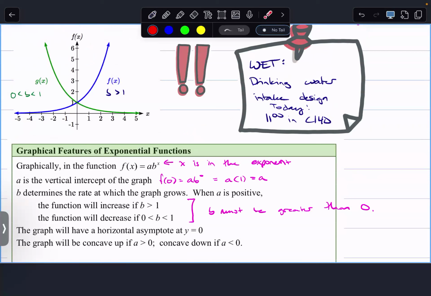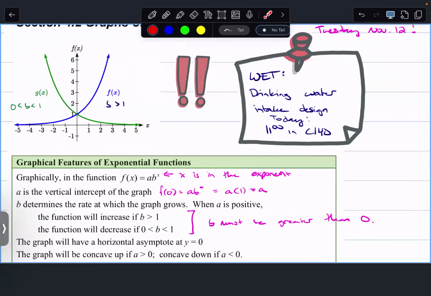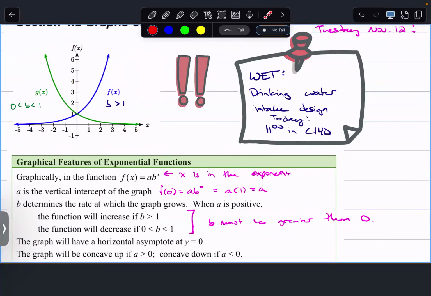In both these cases, going back up here, a looks like it's 1. When x is 0, y is 1, and so a must be 1 for both.